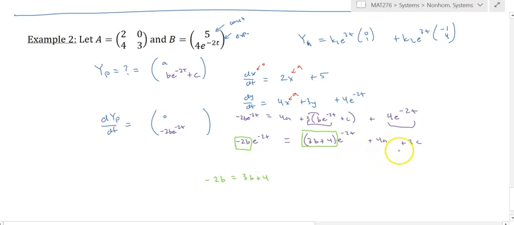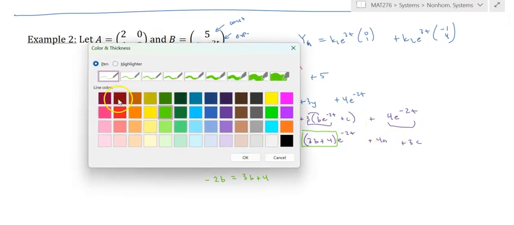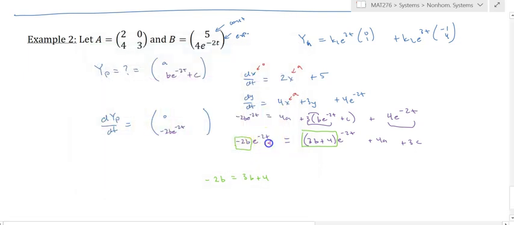Another equation that I can extract from this is, well, how many constants do I have, or what are my constants on the left-hand side? Well, it's plus 0, right? So this term right here, this plus 0, needs to equate to my constants on the right, which is 0 equals 4a plus 3c.